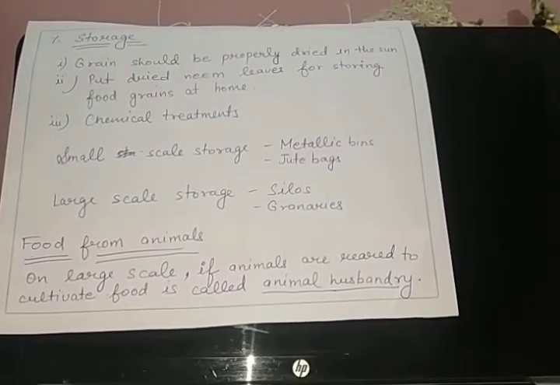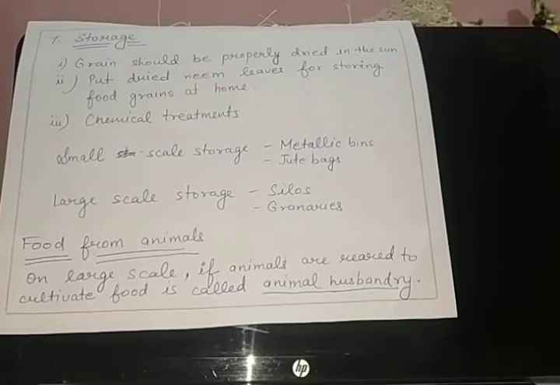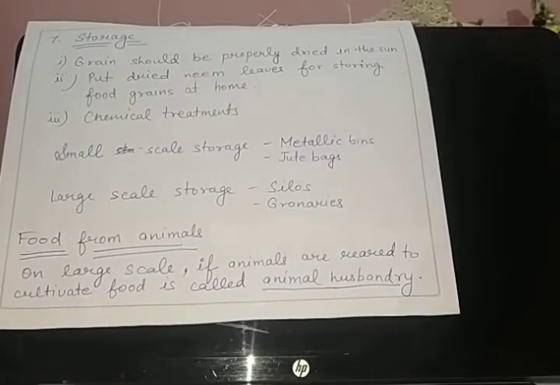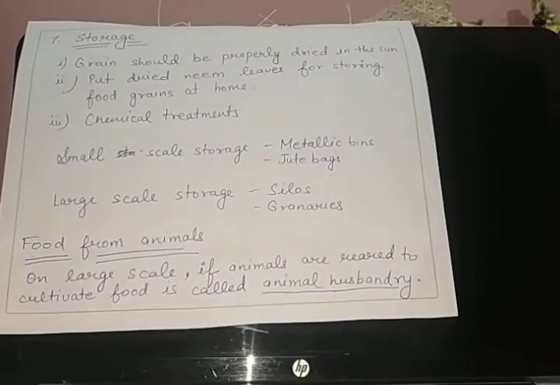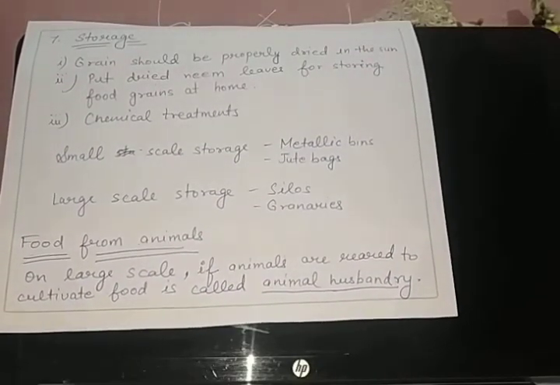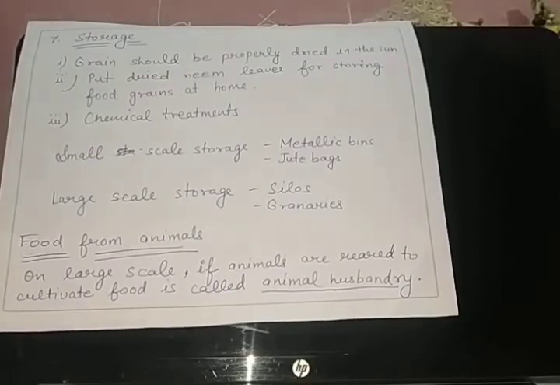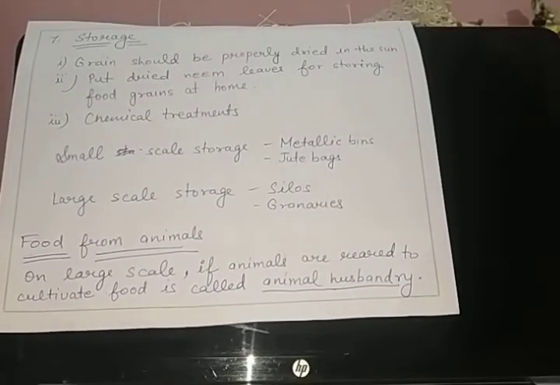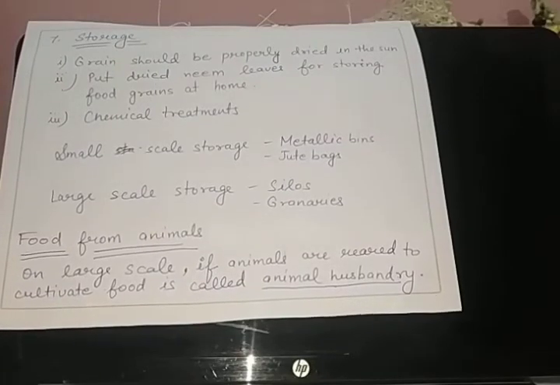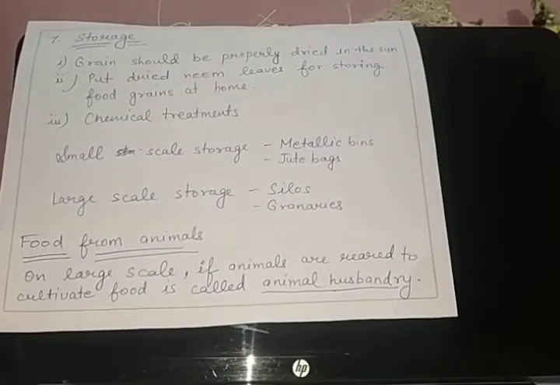So it has to dry properly, and some neem leaves can be put in the container in which you are putting the grain, because neem is antibacterial and antifungal also, so that is going to repel the microbes, and it can also be chemically treated.